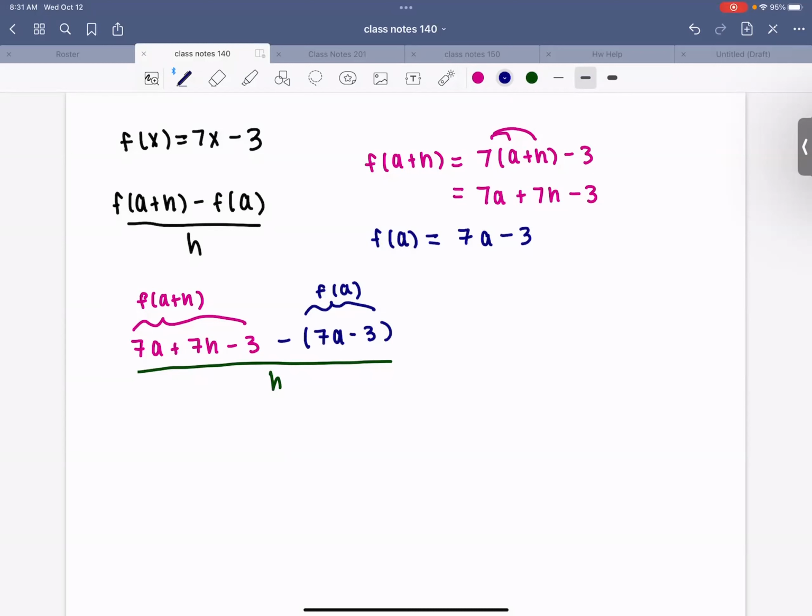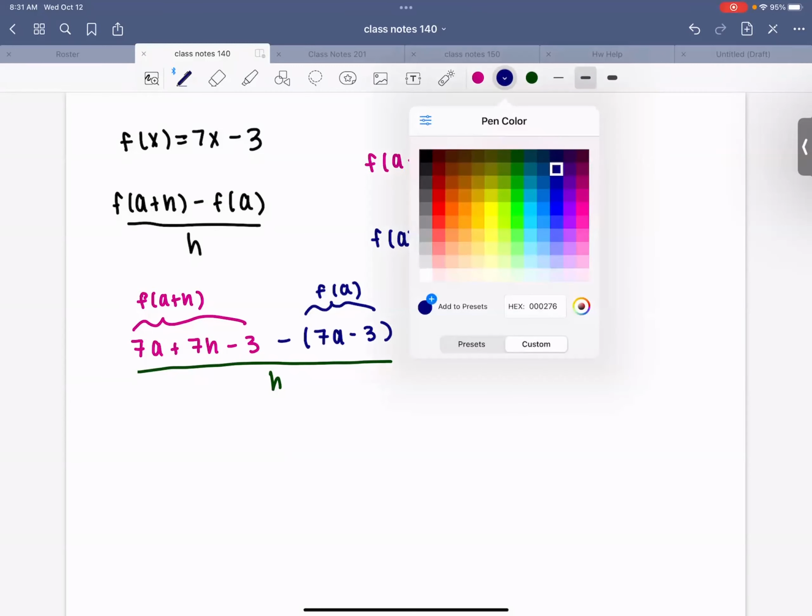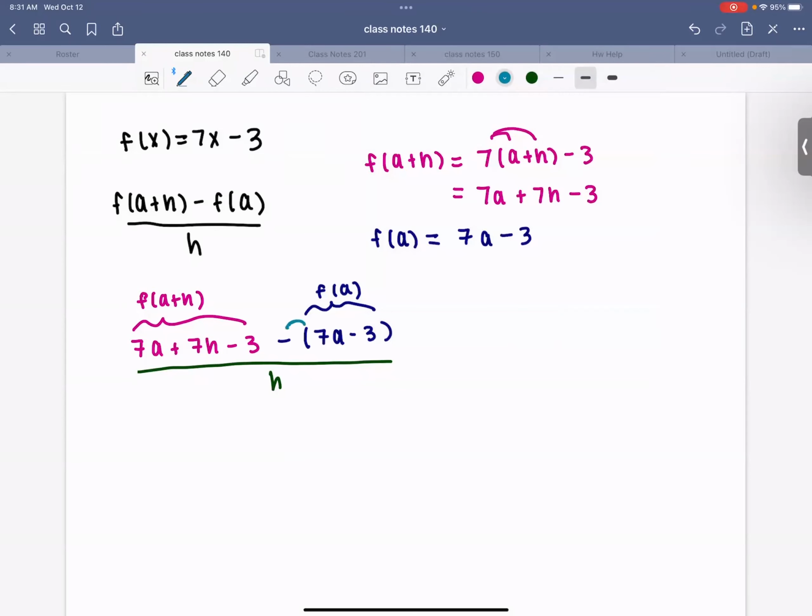Yeah, distribute the negative might be my first idea. I make mistakes if I do that without doing this first. So I'm going to take this negative sign and distribute it. And this becomes 7a plus 7h minus 3 minus 7a plus 3, right? Over h. And once I'm here, like Robert said, we can group together the terms, right?